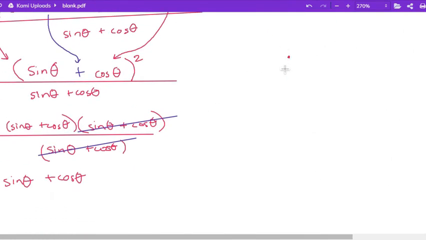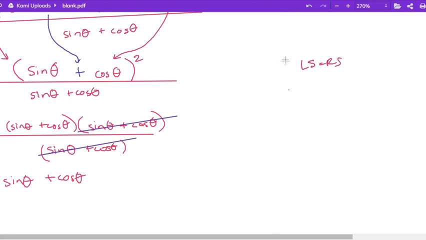I have a question. When I did this one, I did it the opposite way. Would I only get partial marks if I only did the right side? I made the right side into 1 plus 2 sine theta cos theta over sine theta plus cos theta. Let me look at it later.